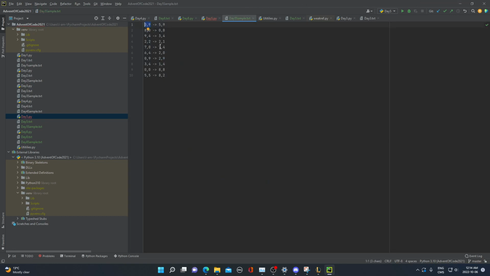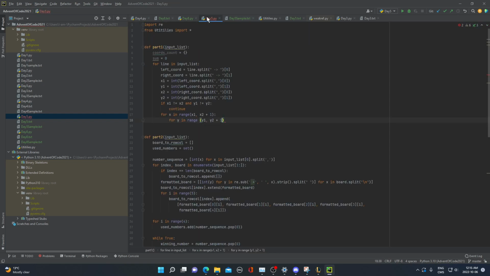Does it go down? Zero goes up to 5. Nine goes down to 3. I mean, it should be smart enough to do that, or I can just absolute value it.